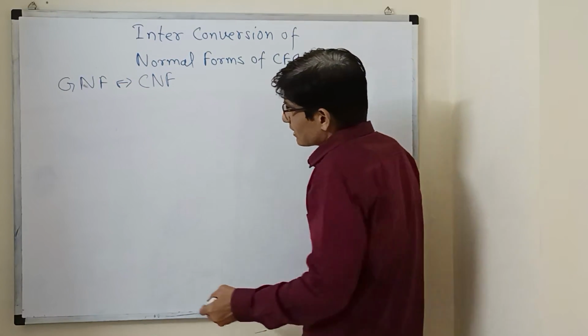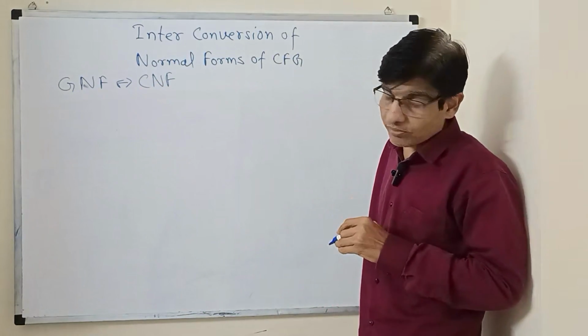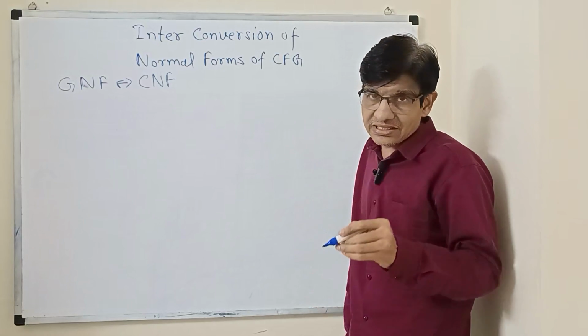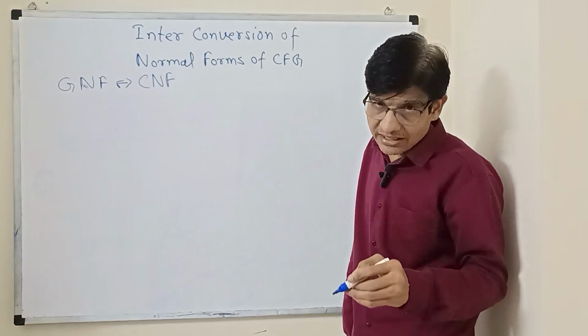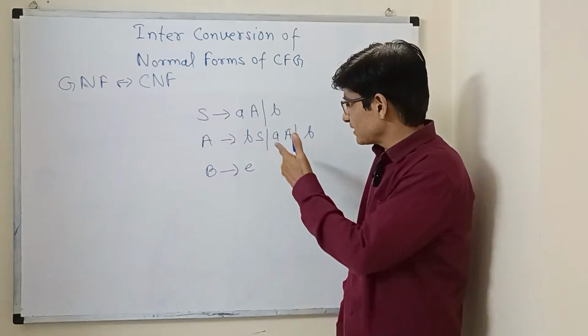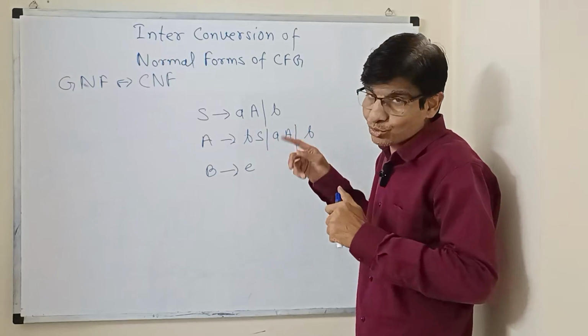So first I'm converting GNF into CNF, Greibach normal form to CNF, Chomsky normal form. So for this I will take one grammar which is already in GNF and then we will convert it into CNF. So friends, this is one example grammar which is already in GNF and we will now convert it into CNF.